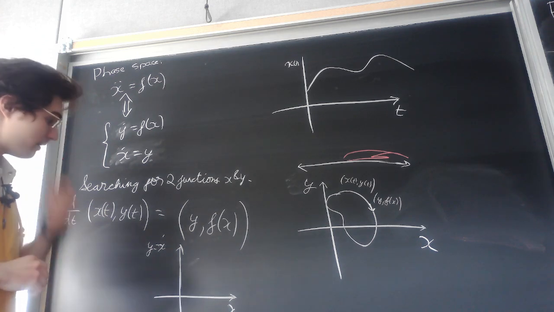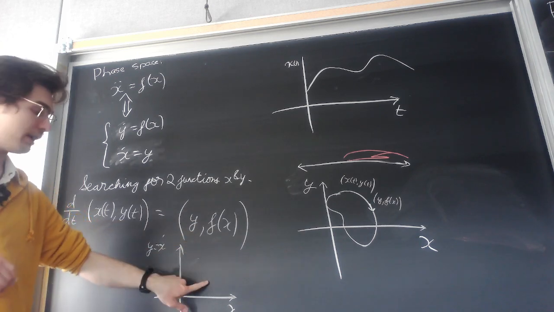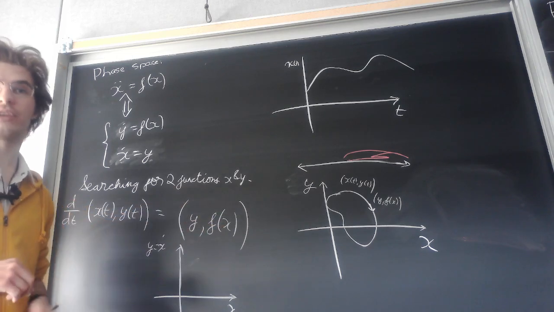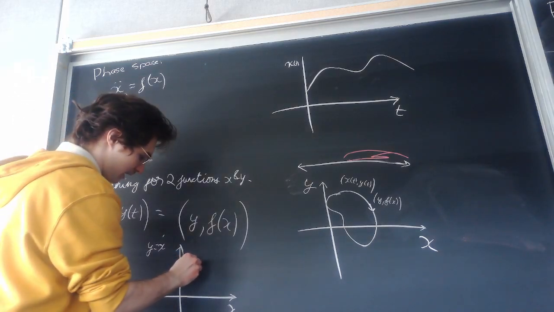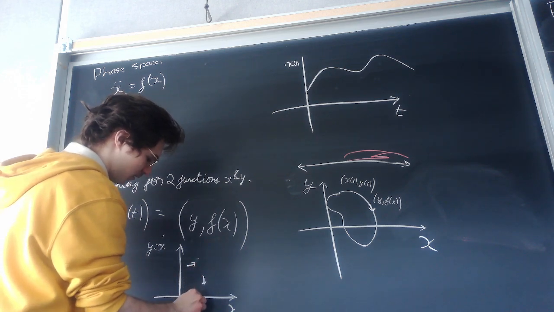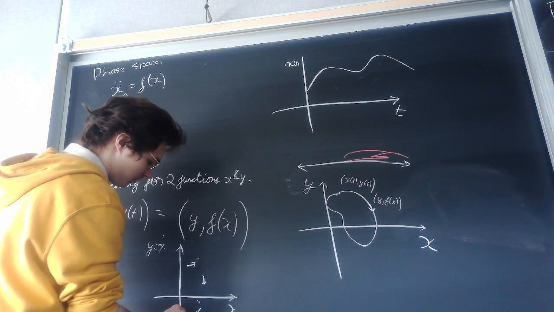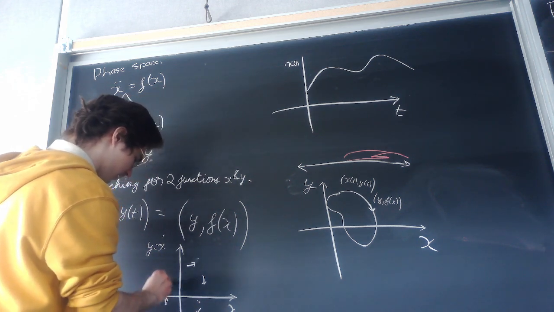So instead, what I could do is try and plot this vector field on here. At every point, I will draw a little vector arrow pointing in some direction. Maybe my vector field is something like this.